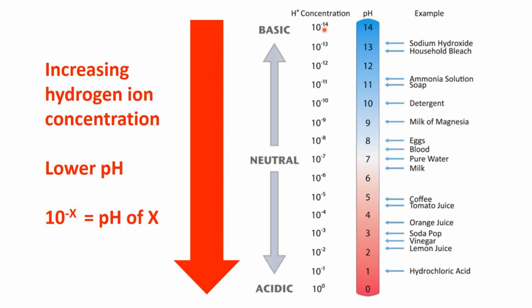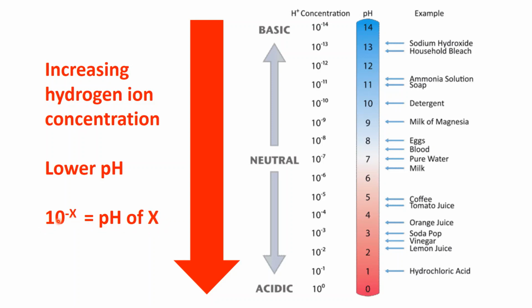And what you also might notice is that this is the pH in standard form, 10 to the minus 14, where you've got 1 times 10 to the minus 14, that will give you a pH of 14. So all you need do to work out the pH, if you've got the hydrogen ion concentration, if it's 10 to the minus x, that will be a pH of x.